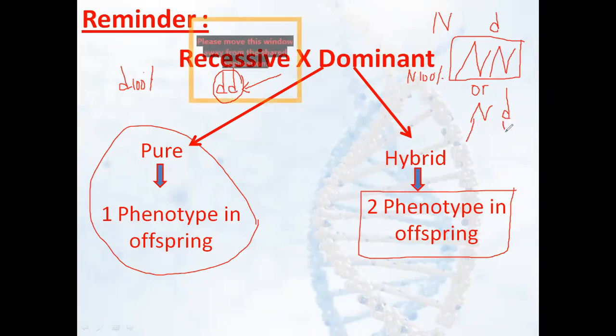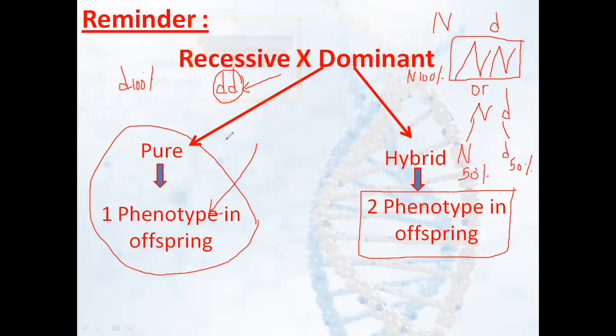Because the heterozygous gives two types of gametes, N 50% and D 50%. So if we have two different phenotypes in the offspring, the dominant should be heterozygous or hybrid. If we have only one phenotype, it should be pure or homozygous, having the genotype NN.